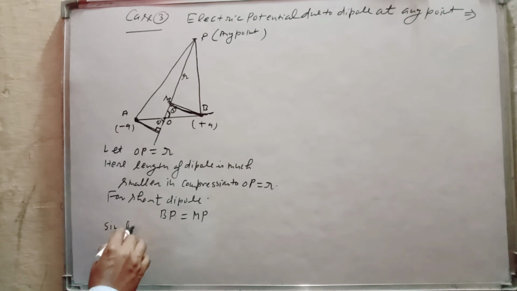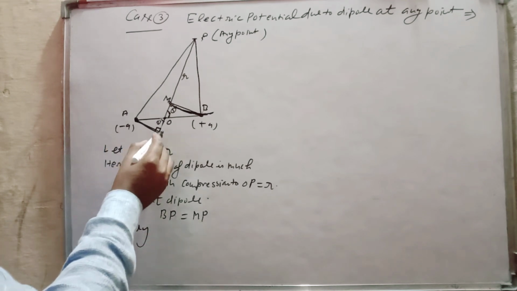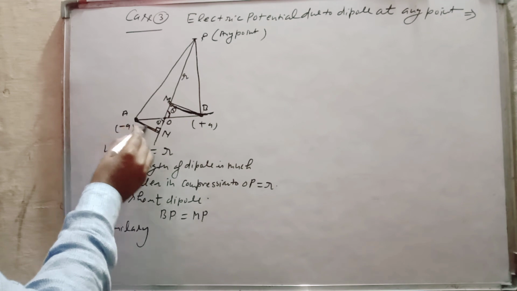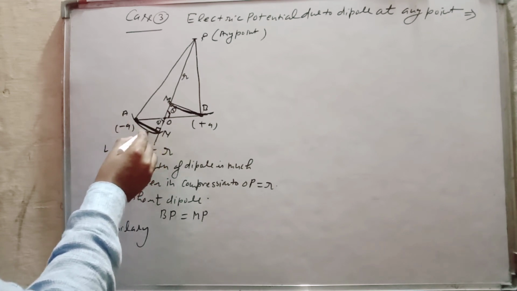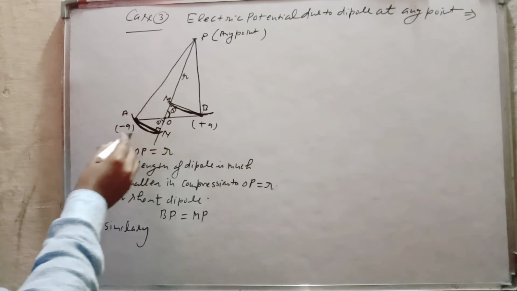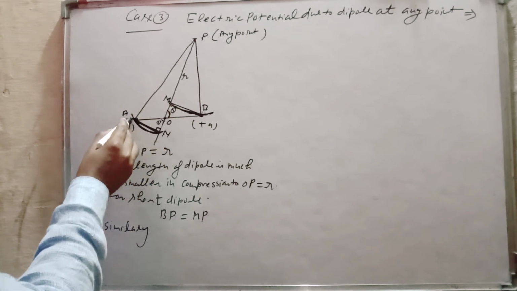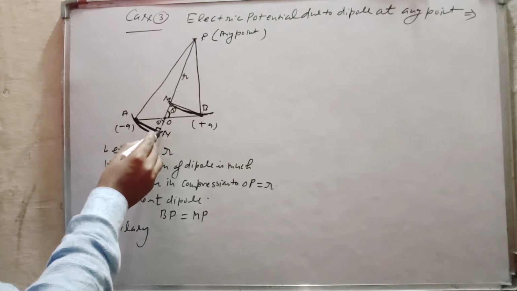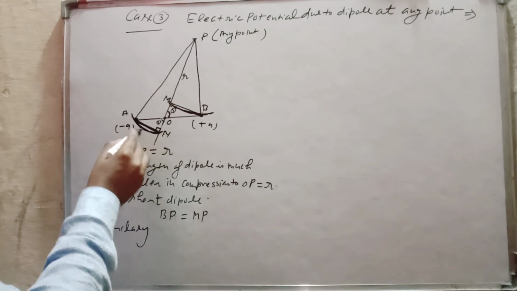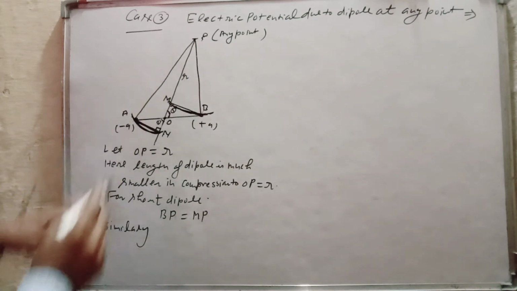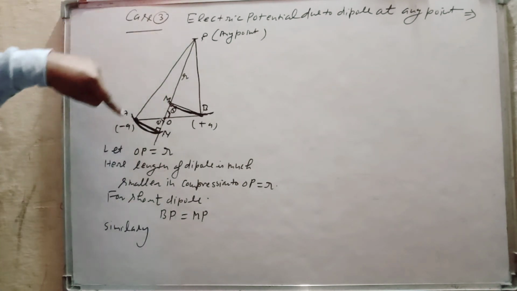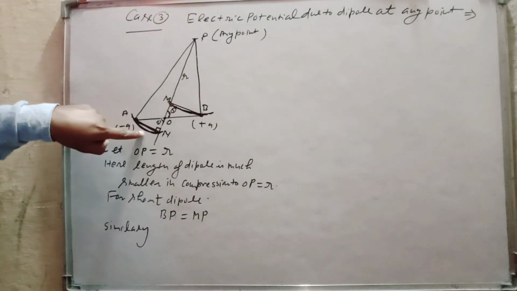Similarly, this AB is very small. That means this AN is very small. That means AN becomes R. If this AN becomes R, then NP and AP are radii.